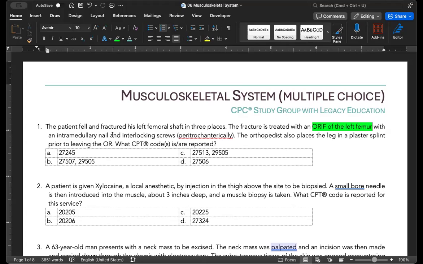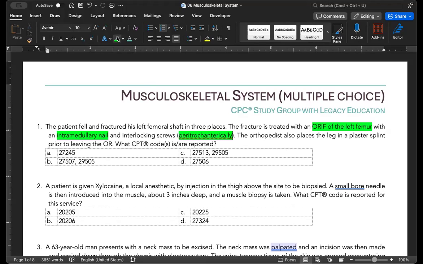It's because we did the intramedullary nail. That's going to be an intramedullary implant shaft. Yep. So that's going to give us a couple codes that we need to go look at.